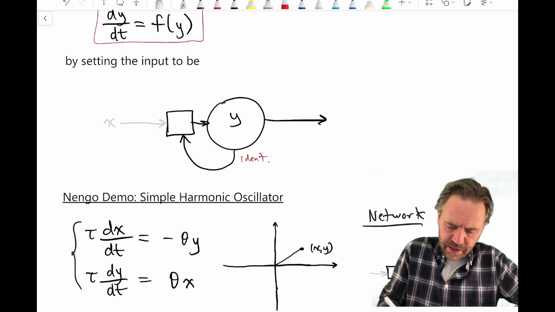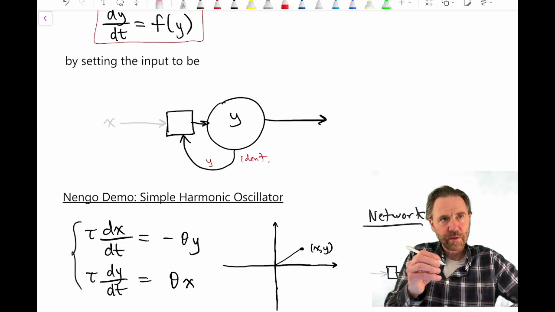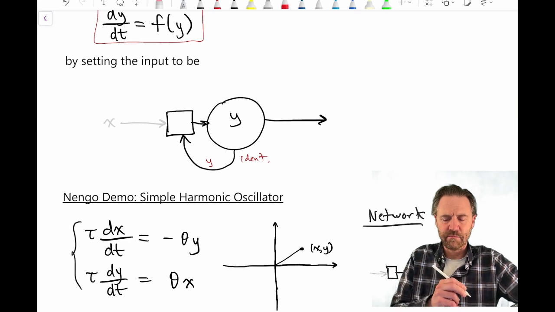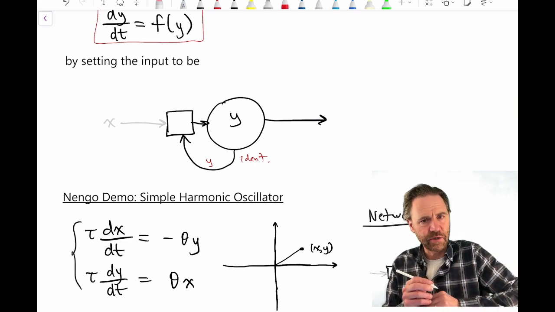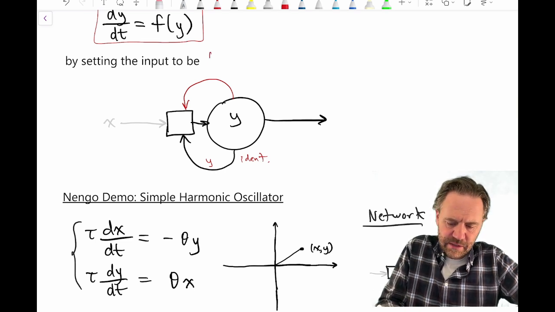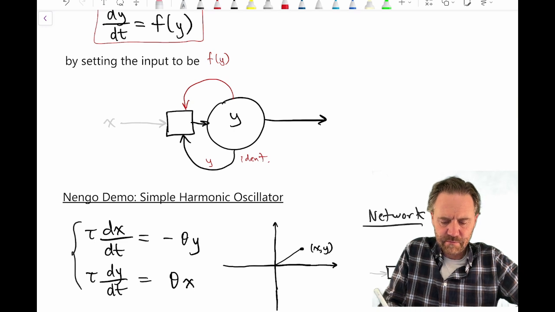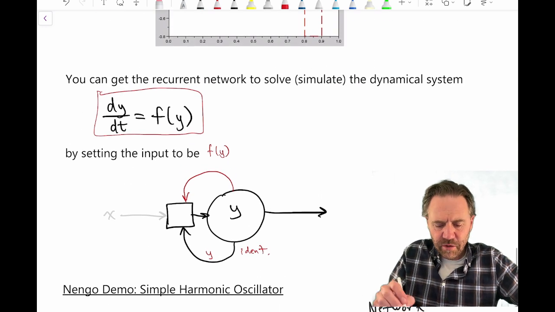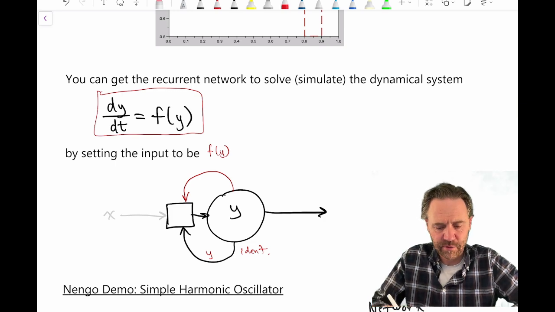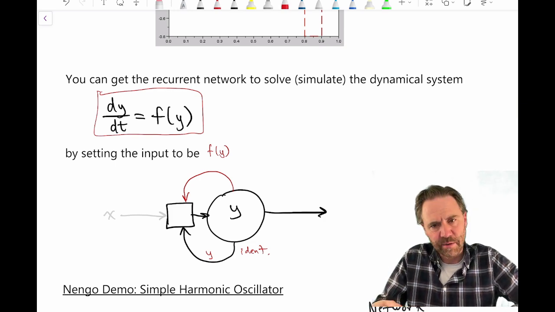So we have our identity reinjection here, which is part of what the population has to do. But in addition, you can have this other part here. We can set the input to be f of y. You can get the recurrent network to solve or simulate that dynamical system by setting the input to be f of y.